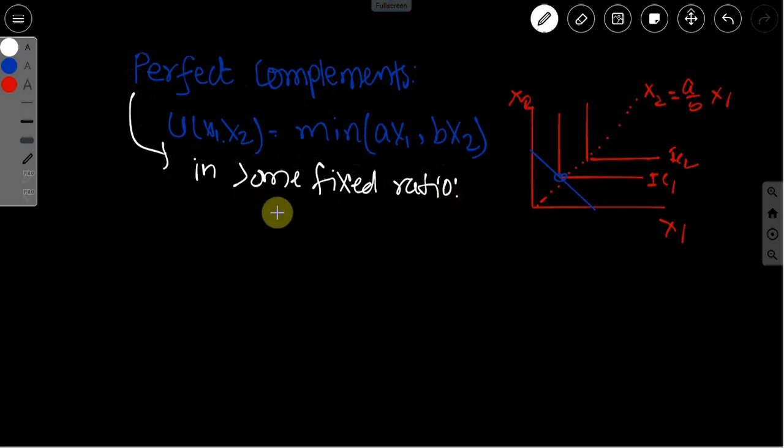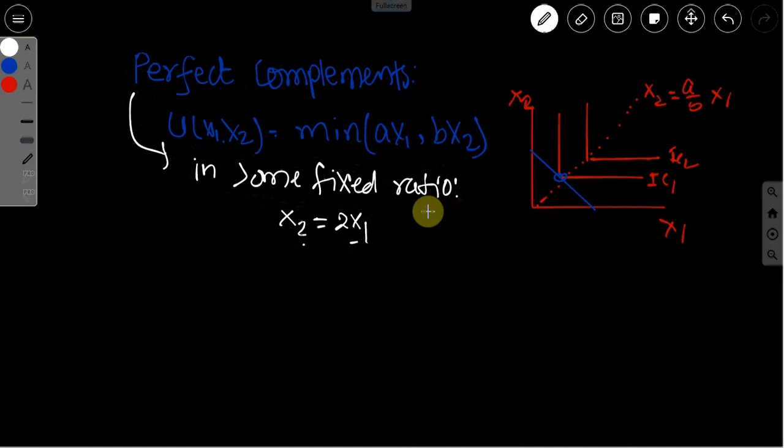So for example, if every unit of x2 should be consumed with 2 units of x1, in this case these two goods are called perfect complements.